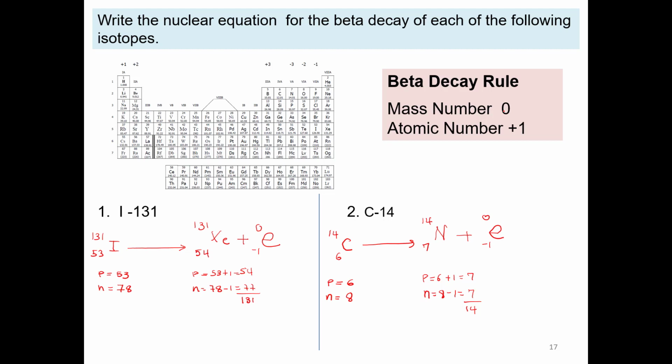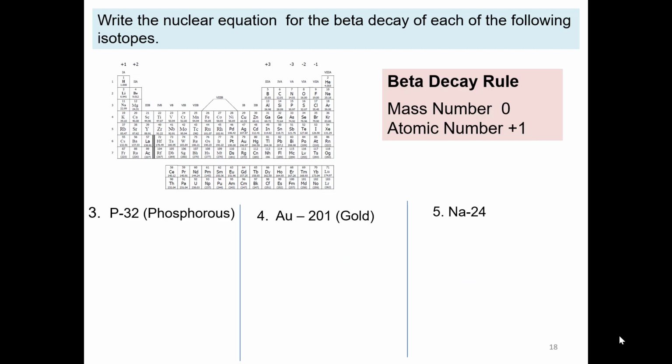And again, you can write the complete procedure, or you can use the rule to write the nuclear equation. Let's now try to write the nuclear equation for the beta decay of the following isotopes, but this time we will use the rule.